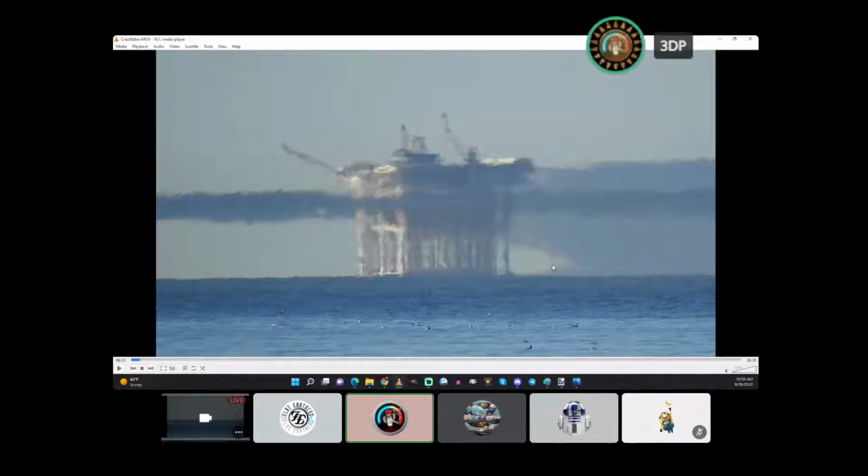If you follow a line through there, you can see another refraction line, like a mirroring line. There's like a kink in the platform legs. Yep, I'm good with that. It looks like another mirroring event.